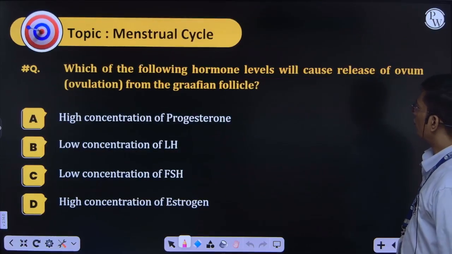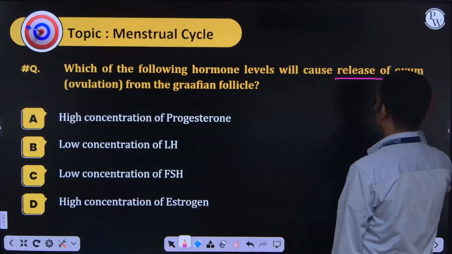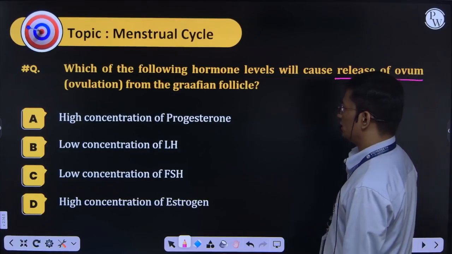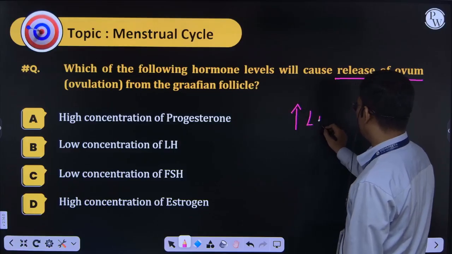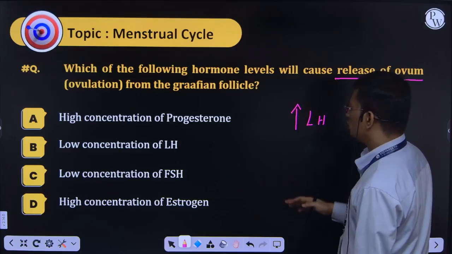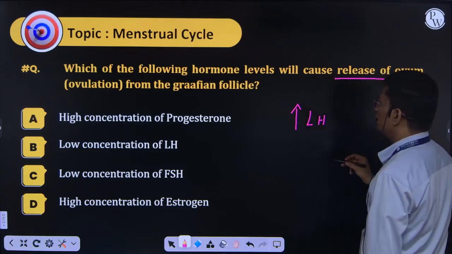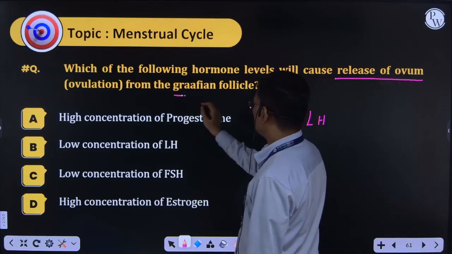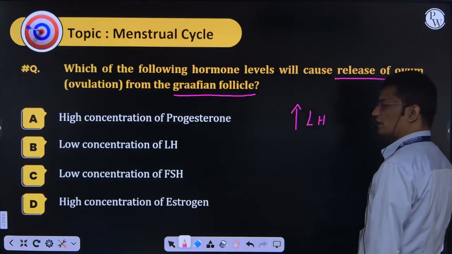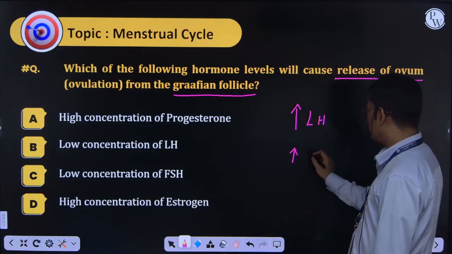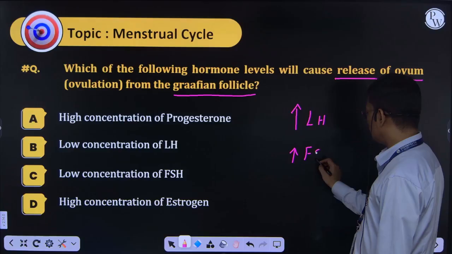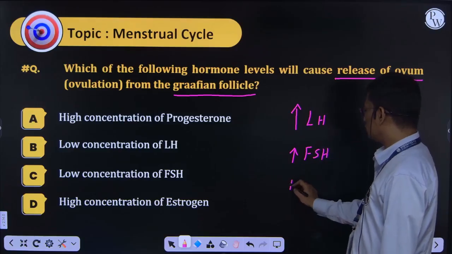Which of the following hormones will cause a release of ovum from the Graafian follicle? In the middle of the menstrual cycle, there will be an LH surge. Due to the sudden increase in LH hormone, the Graafian follicle will rupture. At the same time, two other hormones will also be high: FSH and estrogen.